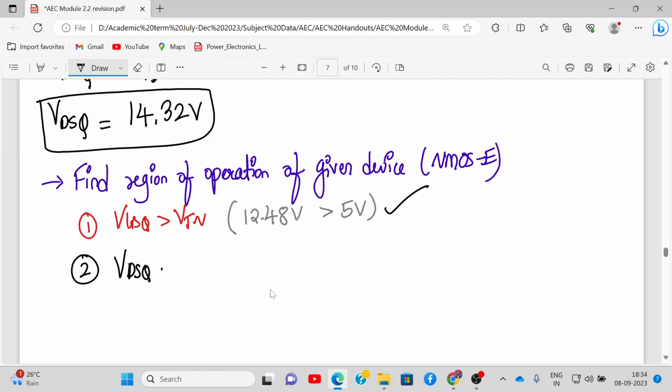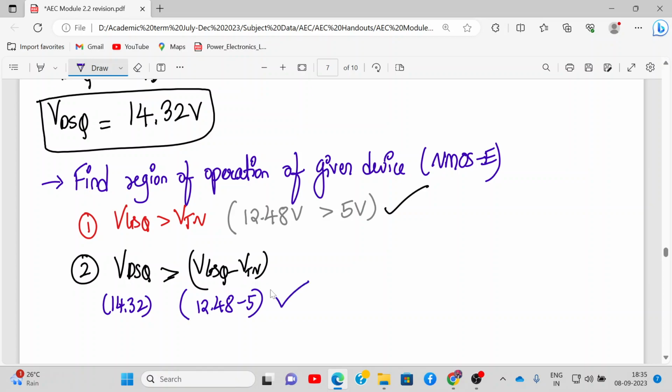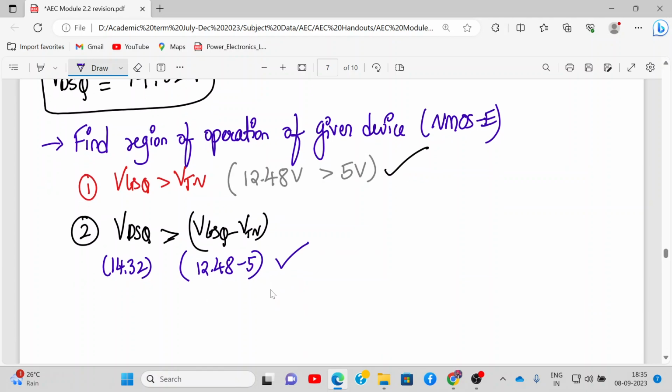If VDSQ is greater than VGSQ minus VTN, just check that. What is VDSQ? 14.32. Is it greater than VGSQ, which is 12.48, minus 5? Greater, yes. So if these two conditions are satisfied, then what can we say?